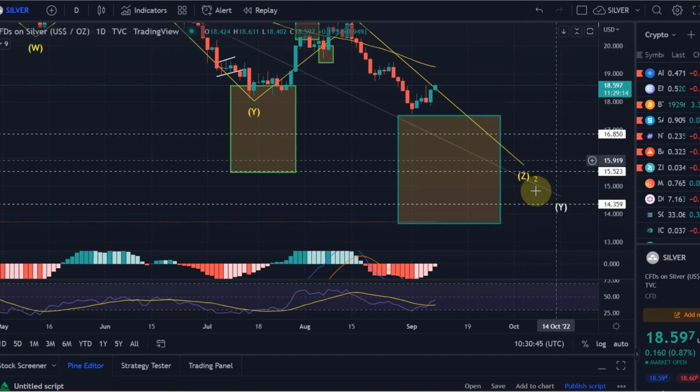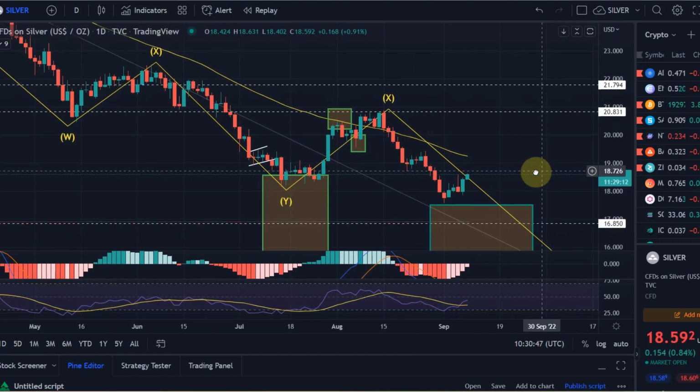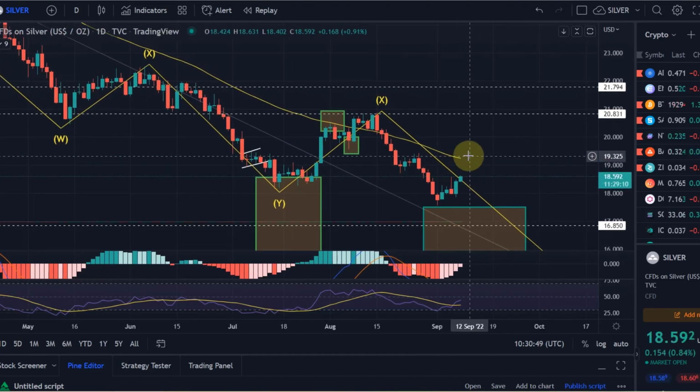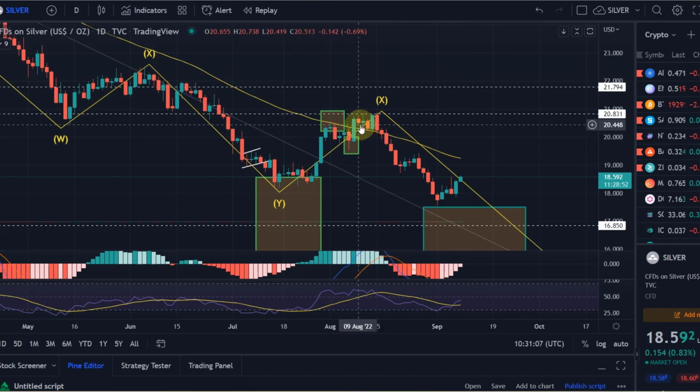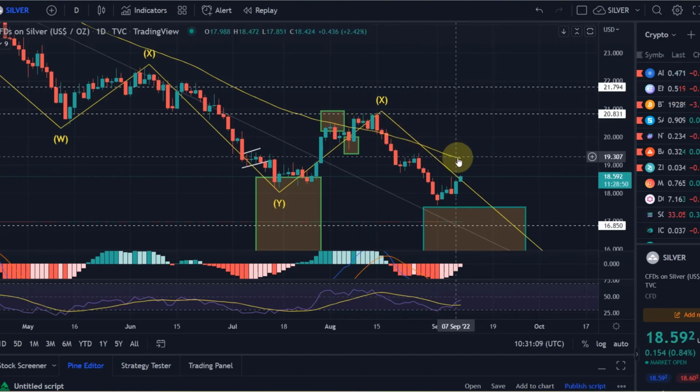I think at one of these levels we should be reversing, and we could already do it now, but if we do it now, I would want confirmation at a minimum to get above this 19.45 level, the previous swing high, and if we get above that and make basically higher highs and higher lows, as per the trend theory, it would change the trend, and you could then assume that we're in an uptrend. An early indication would be as well a break above the 50-day moving average here at 19.23. So Elliott waves show us the low could be in.